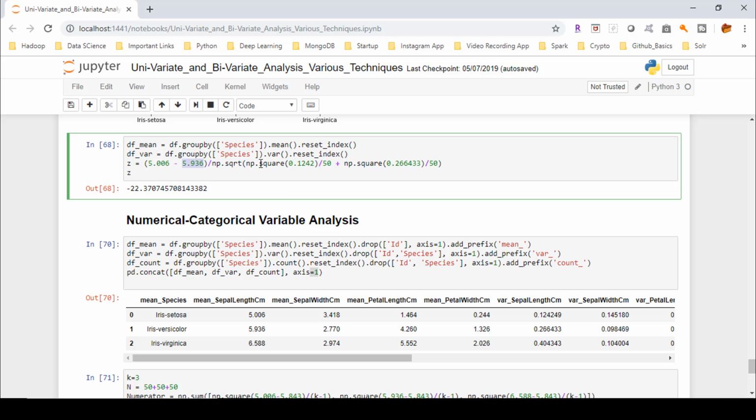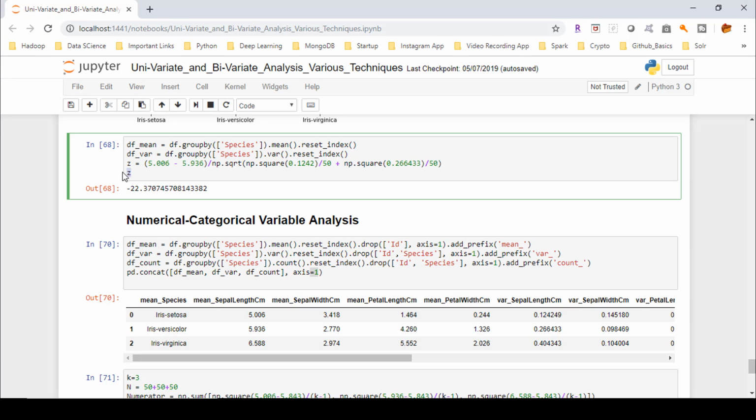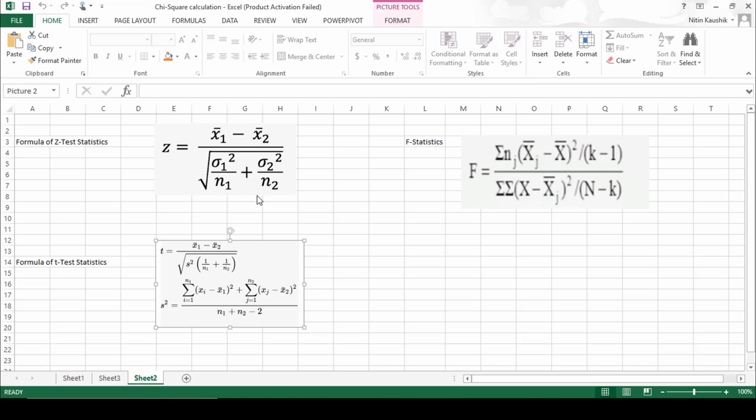So this is the variance value, which is 0.1242, divided by the number of observations, which is 50, and then for the second category, which is versicolor, it's 0.266433, divided by 50. And then when we calculated the z statistic, it came out as minus 22.3707, and so on. Next what we need to do is calculate the s square.